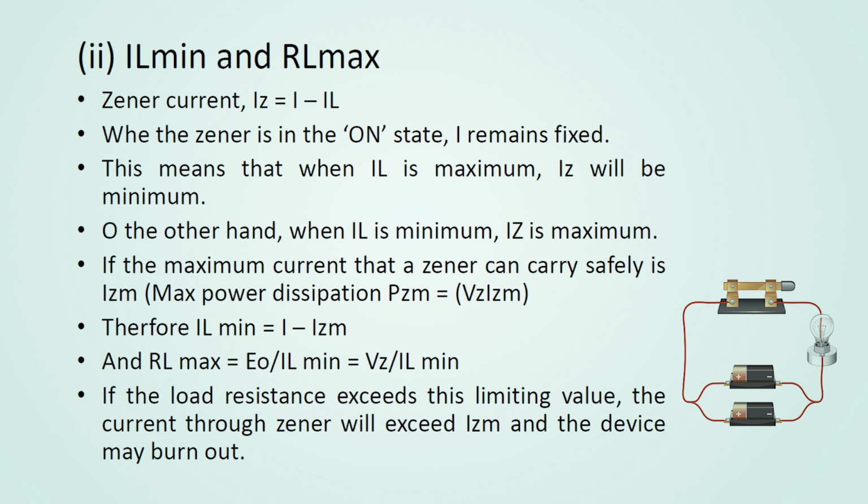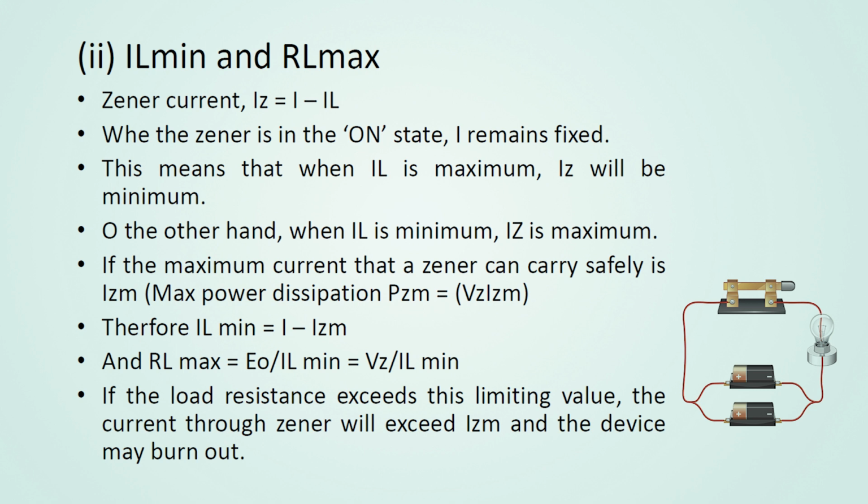If the maximum current that a Zener can carry safely is denoted by Izm, this value comes from the maximum power dissipation, that is, Pzm equal to Vz times Izm.